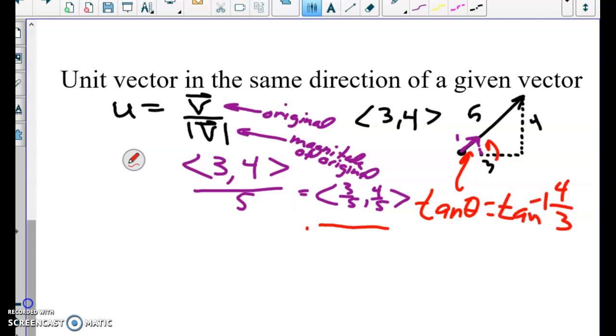So the inverse tangent of 4 over 3 would give me that angle. Let me get that just to be sure here. Inverse tangent of 4 divided by 3 gives me 53 degrees. So this would be a 53 degree angle from the horizontal.